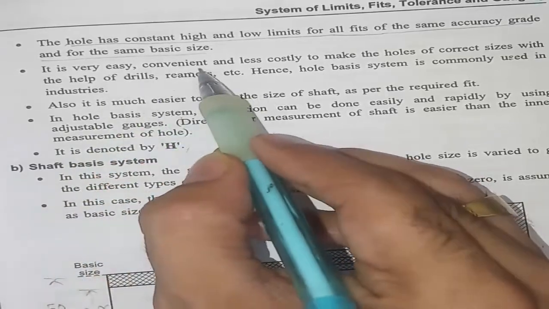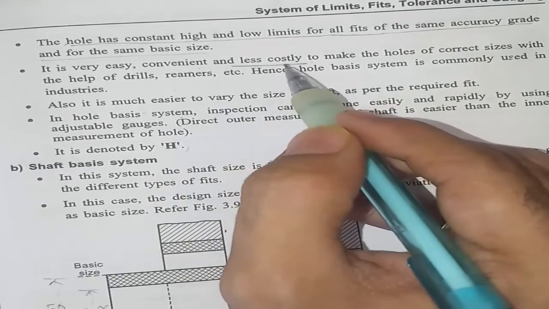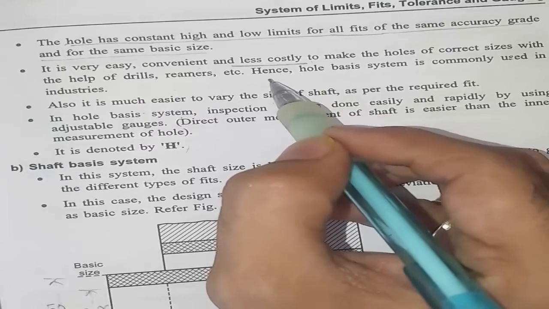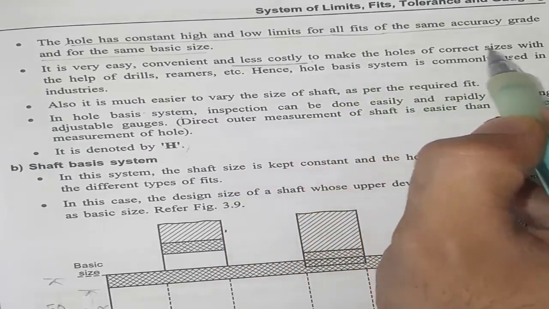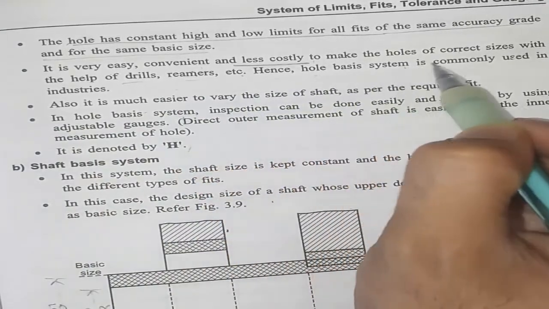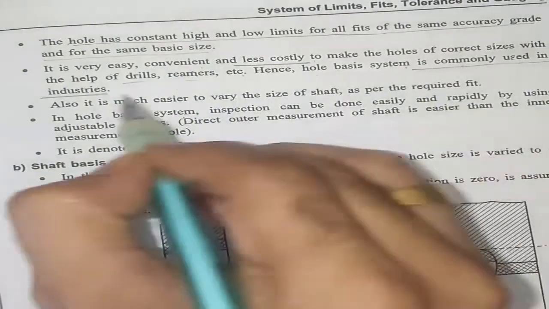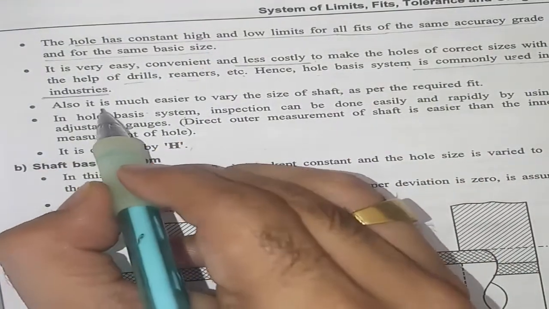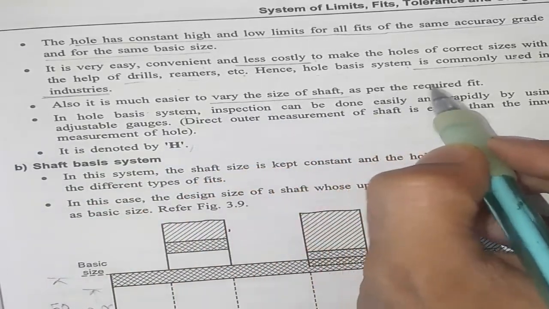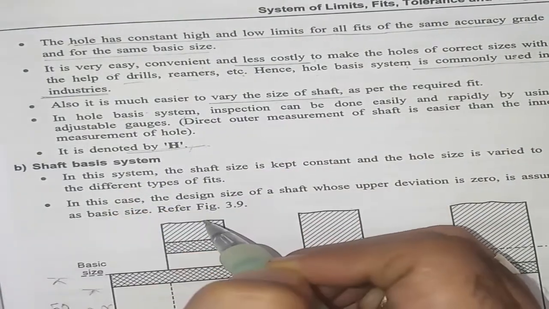It is very easy, convenient and less costly, because we can change the size of the shaft easily, okay, and make the hole of correct size with the help of a drill, reamer, etc. Hence the hole basis system is commonly used in industry. It is the most commonly used method in industry. It is much easier to vary the size of the shaft as per the required fit, right? It is denoted by capital H.